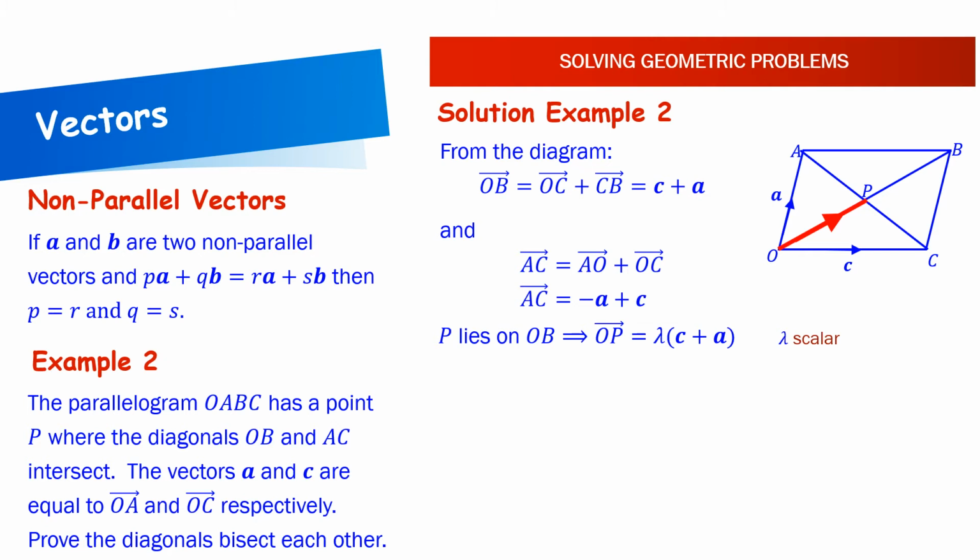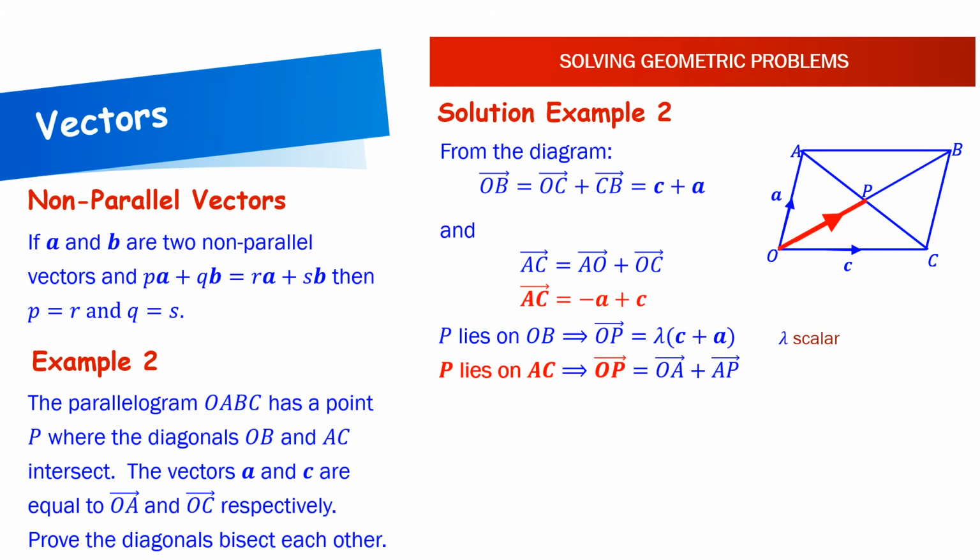Now P lies on OB, as you can see from the diagram. And since OB equals c plus a, OP must be a scalar multiple of c plus a. Also, we have that P lies on AC.